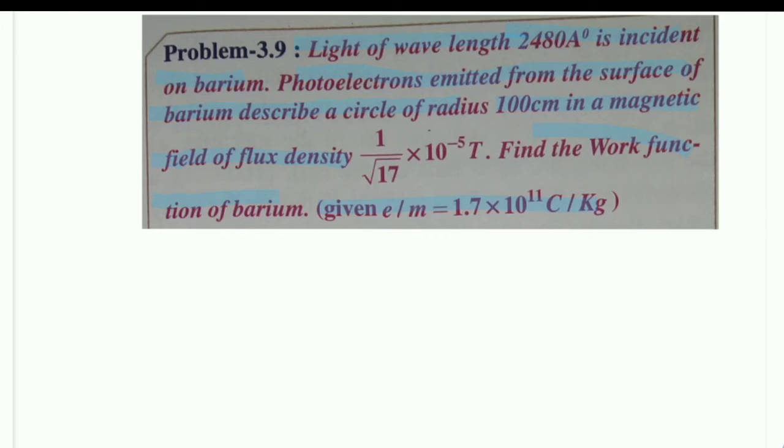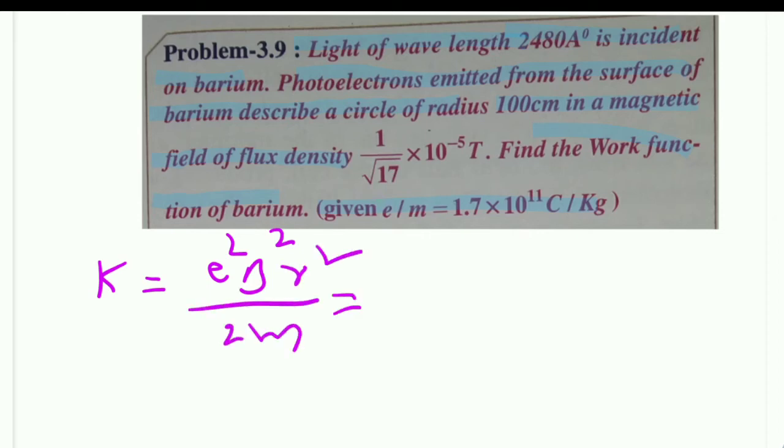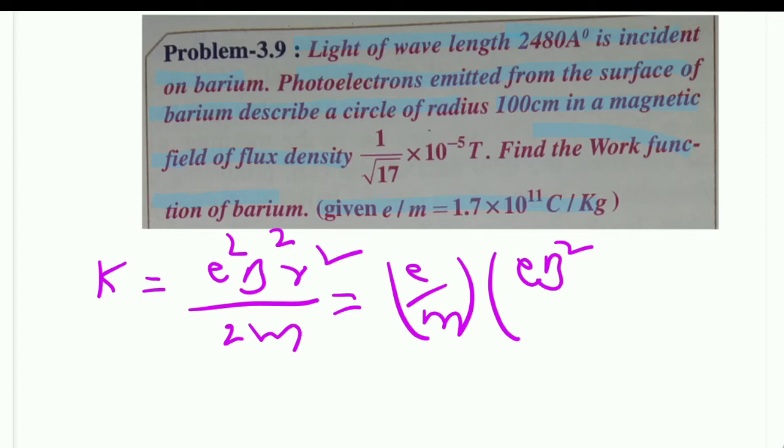Okay. Kinetic energy of electron K is equal to e square B square r square by 2m, which is e by m into e B square r square by 2.